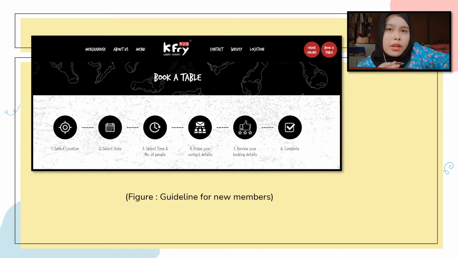New members can find out step by step how to book a table online on our restaurant reservation system. This way, new members do not have to click all over the buttons to explore our system one by one, because we have provided a platform that is easy for customers to understand.